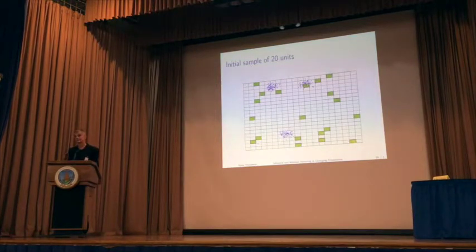Because of the clustering and uneven distributions, most units might have a 0 value, and then there's high abundance somewhere. So the idea was to follow that through: where we find high abundance, we add neighboring units to the sample. We found more high abundance with that, so we add more. This type of example motivated it.